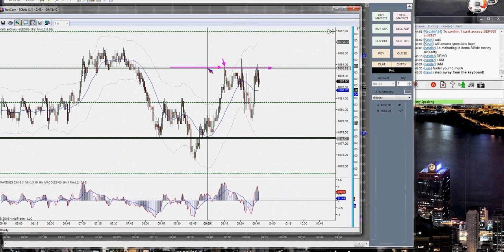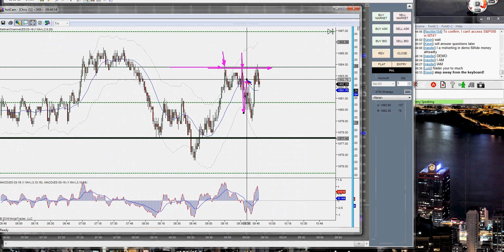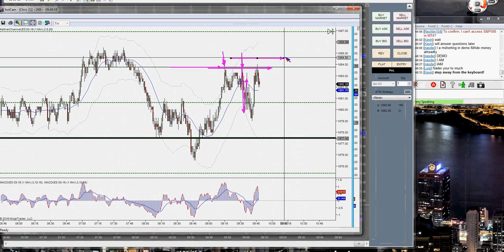So listen, guys, what we did was establish the fact that this is resistance, here and here. Resistance, yes? The market came down, you guys saw, then it came back up. And I was saying, we're selling this on the way up with the stop here.